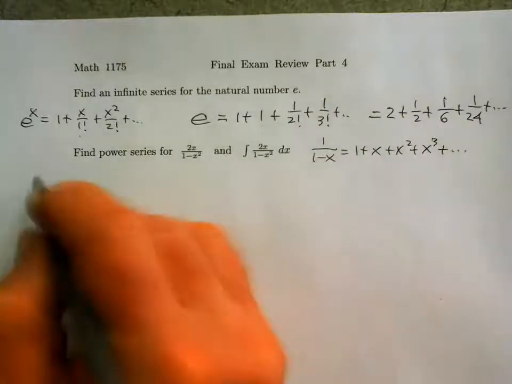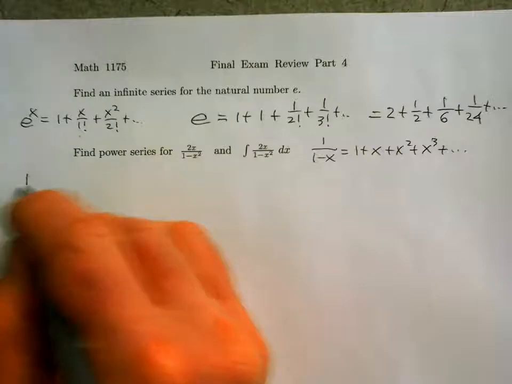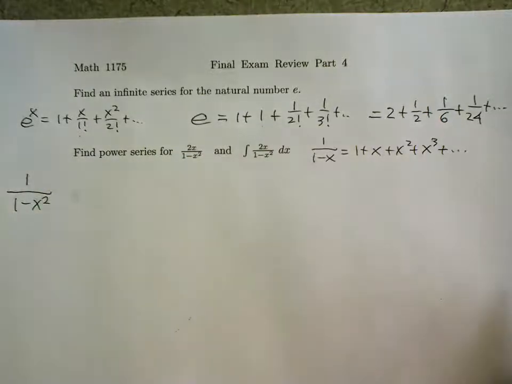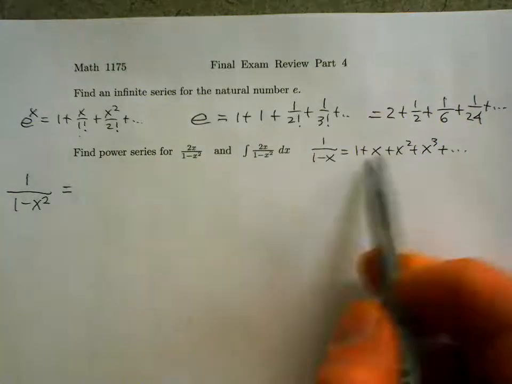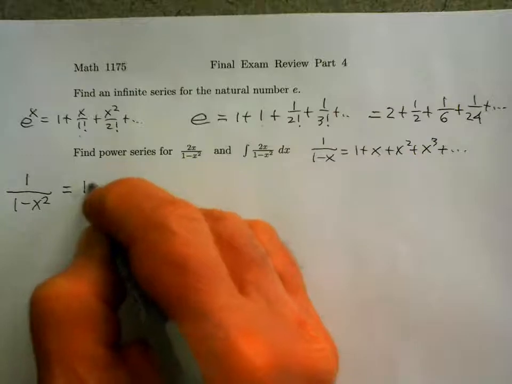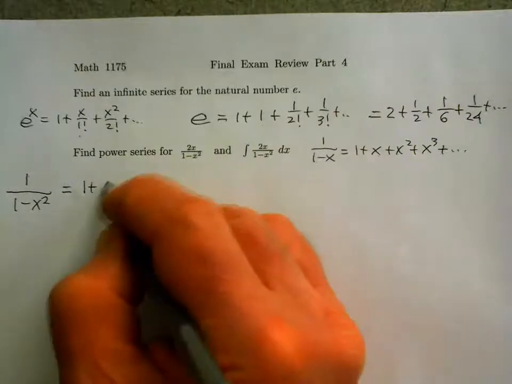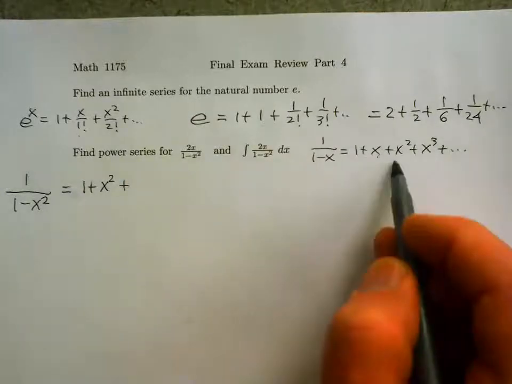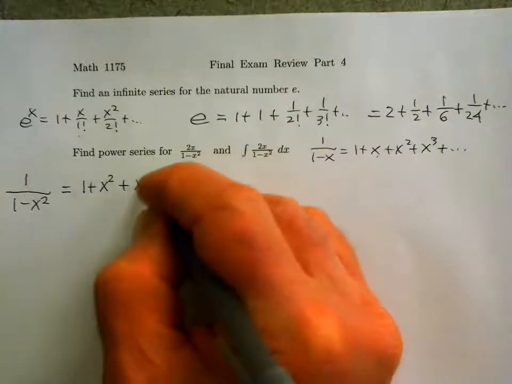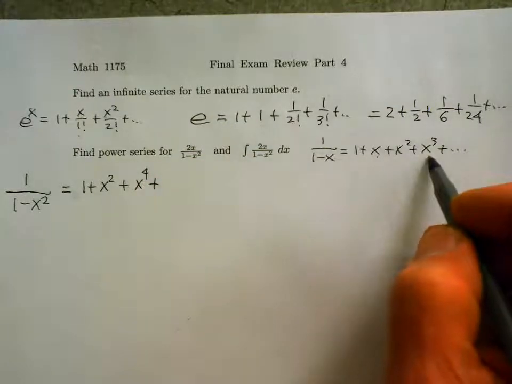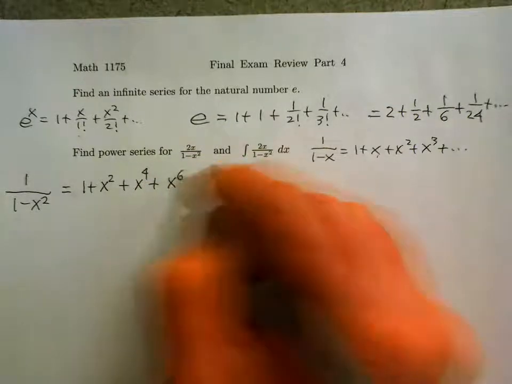And then you can write the power series for 1 over 1 minus x squared. So for this, we just replace x with x squared. So we get 1 plus x squared, and then plus x squared squared is plus x to the fourth. And then x squared to the third is x to the sixth, and so on.